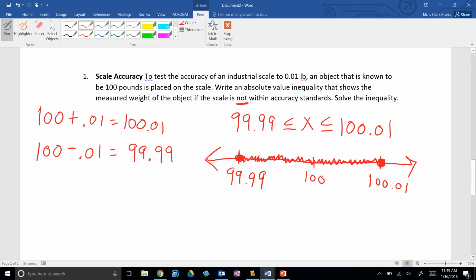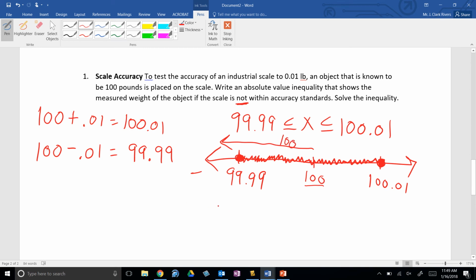Now, think back to the last problem. We are concerned about numbers that are within 1/100th of 100. So how do we take 100 and move it back to 0? We want to move that way, which is the negative direction. And how far to the left do we have to go to move 100 back to 0? We've got to go 100 to the left.